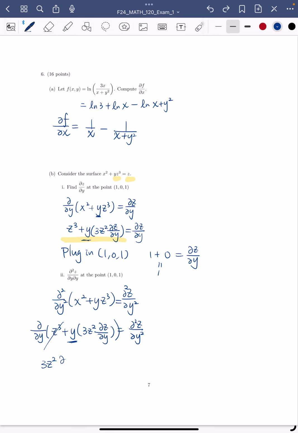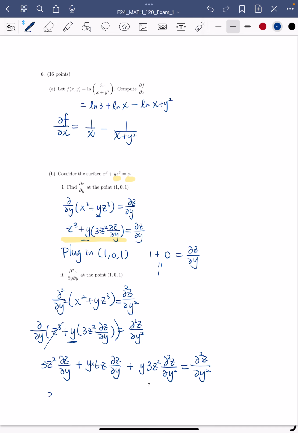And partial z partial y plus y, 6z partial y plus y cubed, 3 squared partial squared z partial y squared equals this. Okay, let's try plugging in (1, 0, 1).